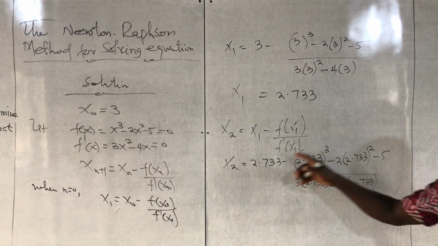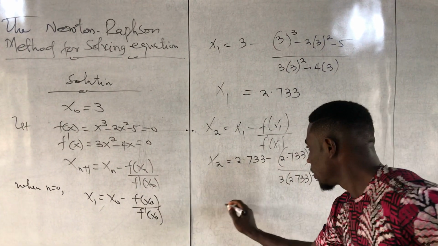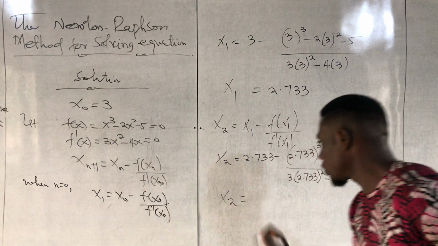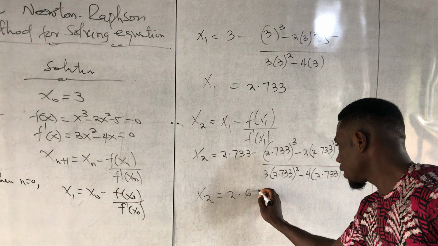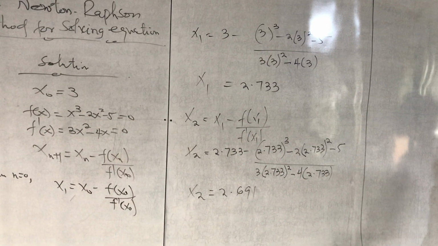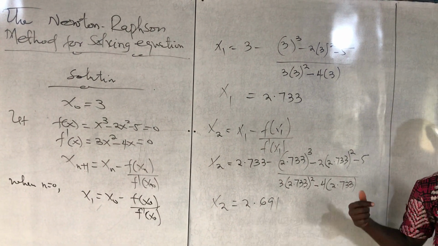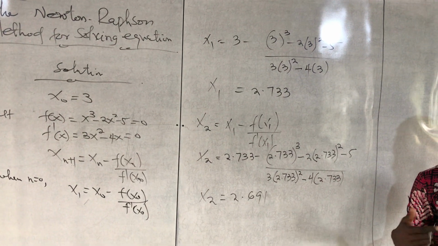Solving all this, when you evaluate all this, will give us x2 to be equal to 2.691. So we now look at the third iteration to see whether the value we are getting will be repeating. Once it's repeating, it means that we'll hold on there. That is the understanding of what we are doing.